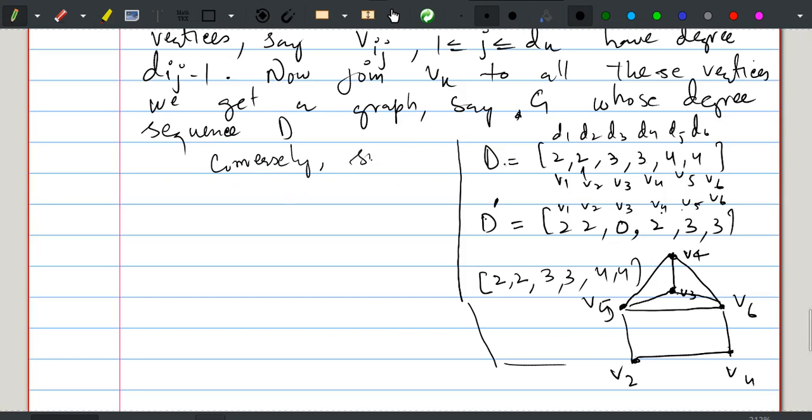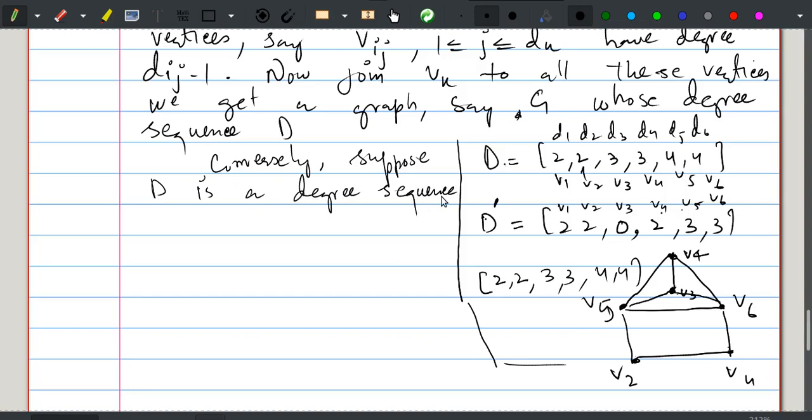suppose D is a degree sequence. We shall prove that D prime is a degree sequence.